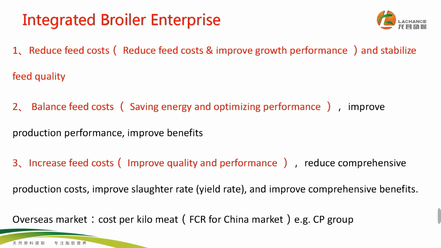The third, reduce feed cost, improve quality and performance, reduce the comprehensive production cost, improve slaughter rate, yield rate, and improve the comprehensive benefits. Overseas market cost per kilogram meat (FCR) for China market, for example the CP group.